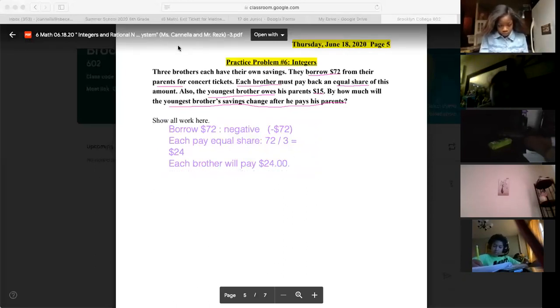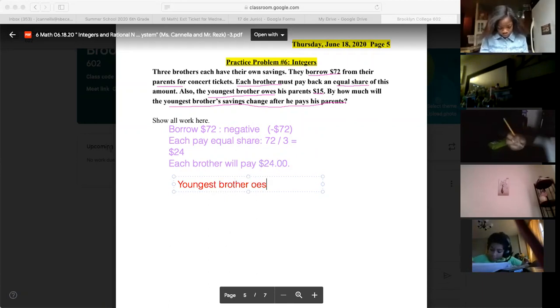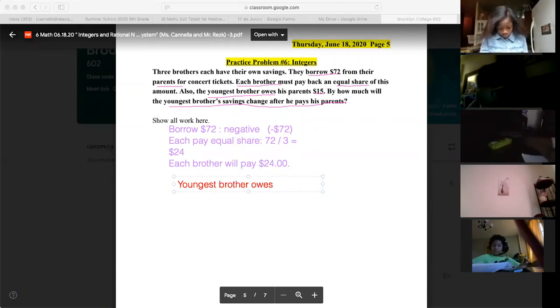So for the youngest brother, we need to add 24. He owes 15, which is negative. The youngest brother owes negative $15. Who does he owe that money to? His parents.